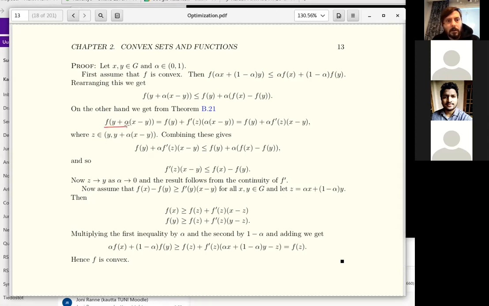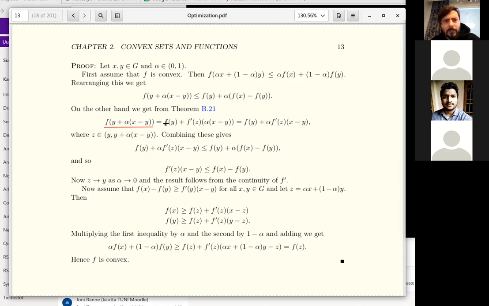Compare that to the derivative at x plus h, but in here we are moving from y to some point between x and y. If alpha is 0, we remain at y. If alpha is 1, we go directly to x.